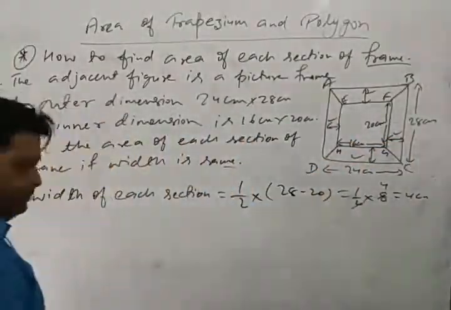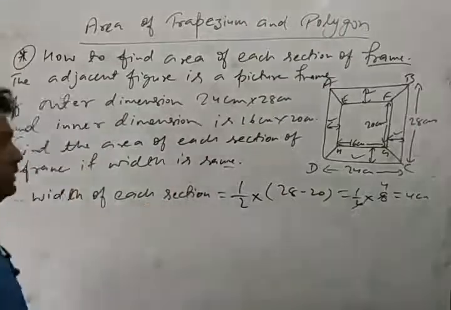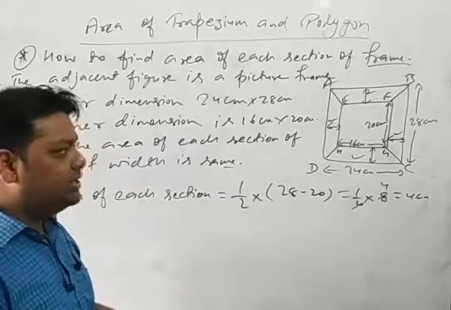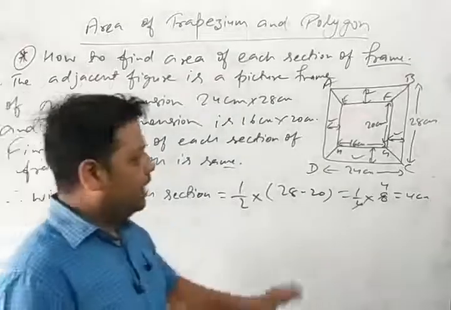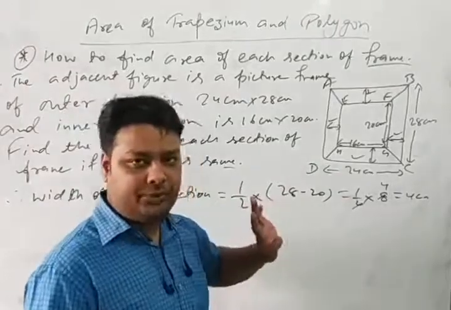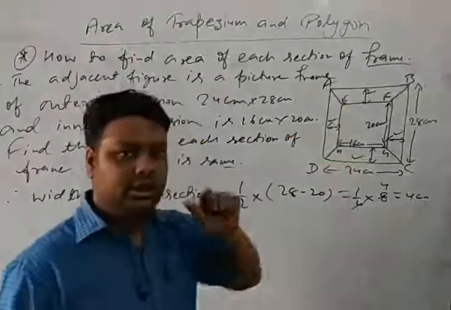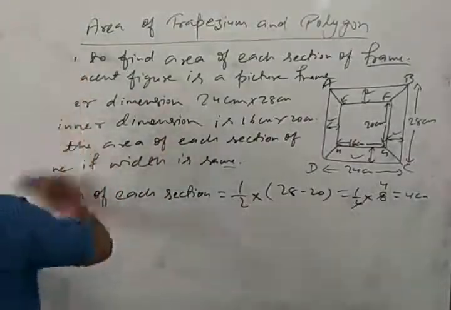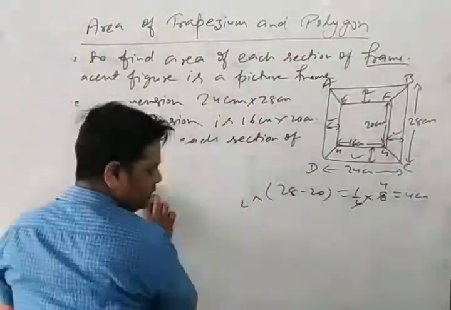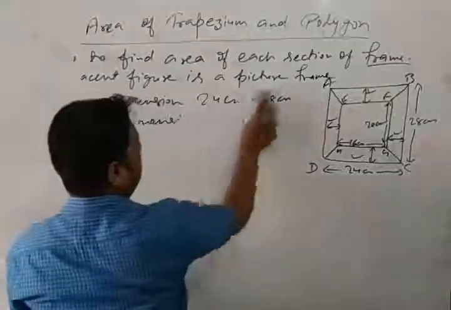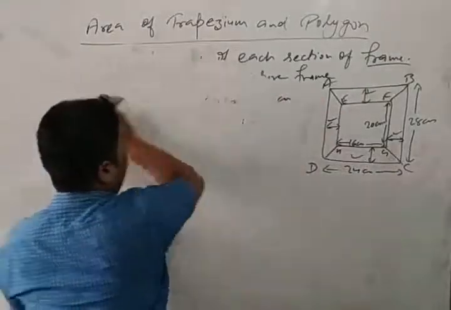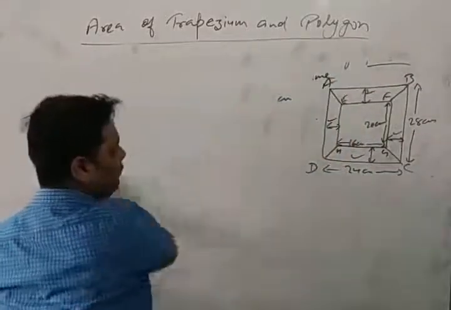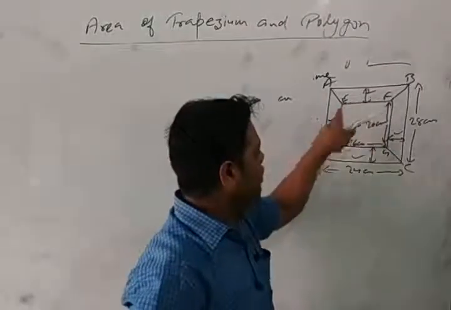Now after finding the width of the section, we will find the area of each section of the frame. As we know that it is a rectangular shaped frame, the opposite sections are always the same. Width is 4 centimeter. We will use this. Now the width is also the height of the trapezium.